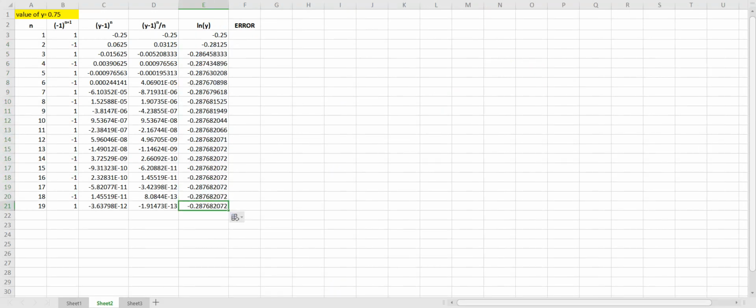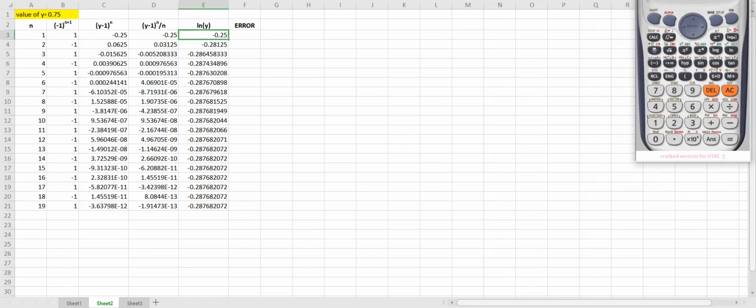So now let's do the same for the rest. You can see that the value of the approximation gets closer and closer to the real value of ln of y. Let's compute the value of ln of y. Ln of y, which is ln of 0.75, is equal to negative 0.287682.